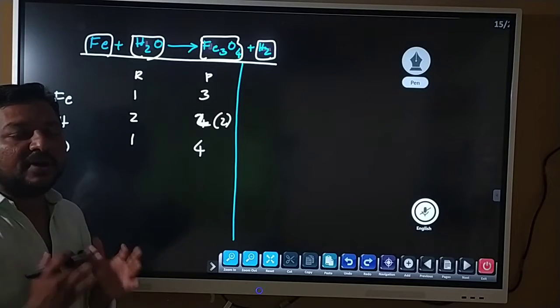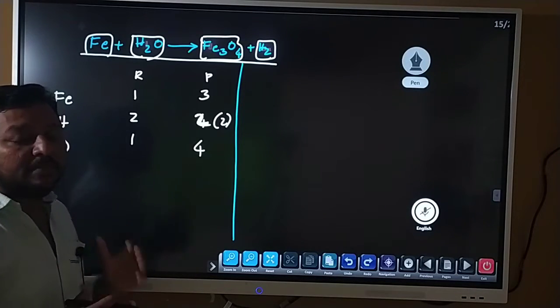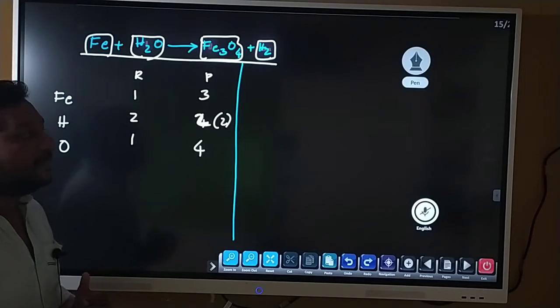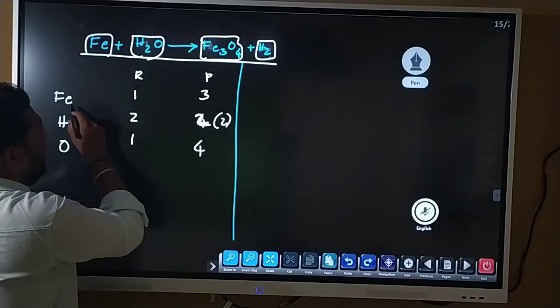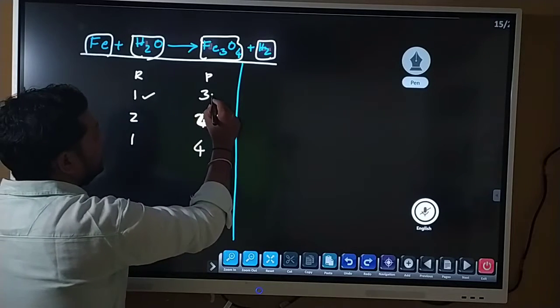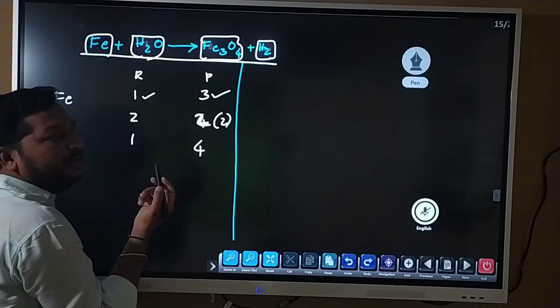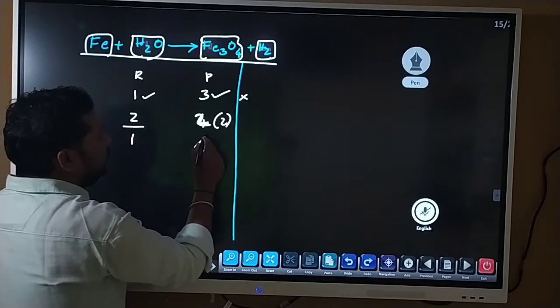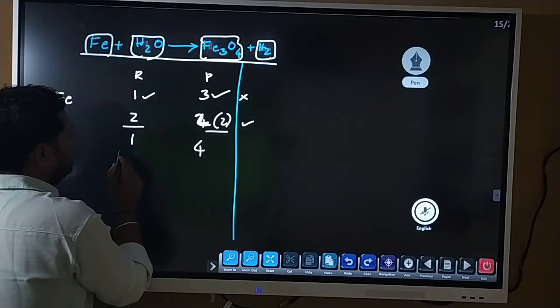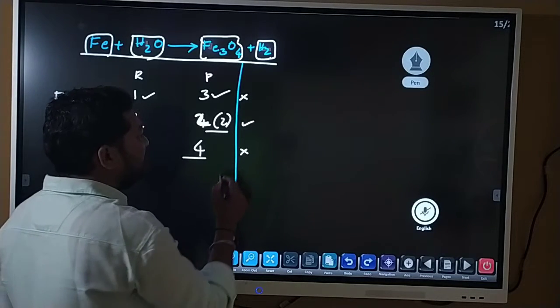Just list out the individual atoms, comparing reactant with product. Now, just see here, iron is 1 in number on one side and 3 atoms on the other. That means no balance here. Hydrogen 2 and 2, it is balanced. Oxygen 1 and 4, it is not balanced.